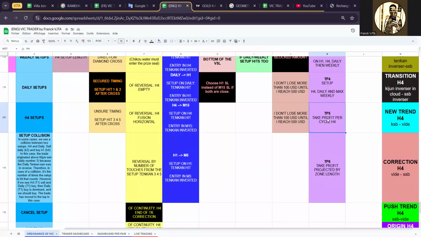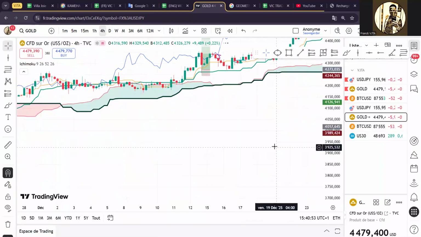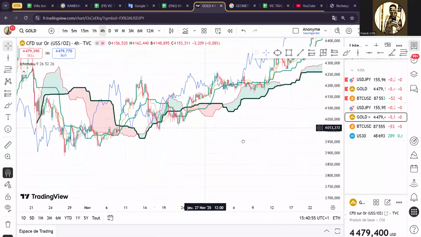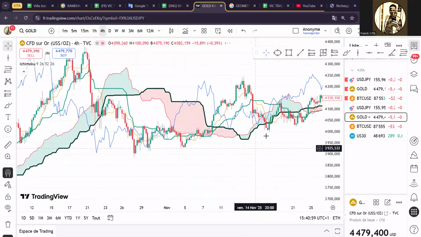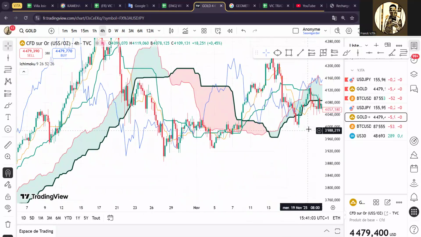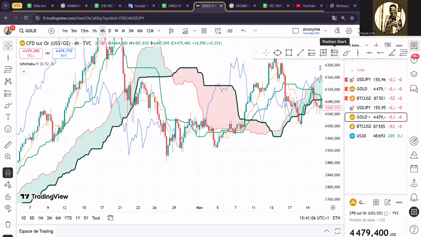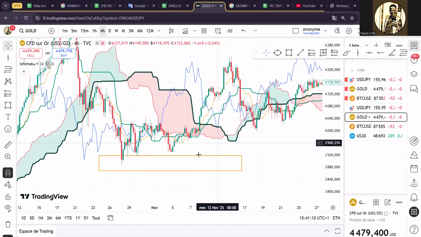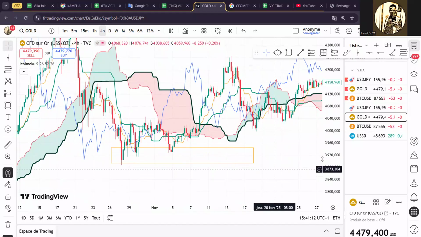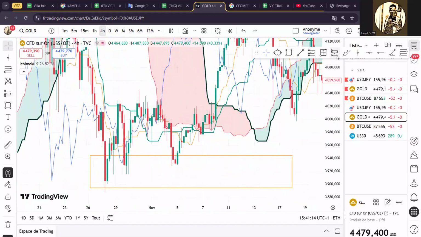Now you have a take profit per cycle. What I showed you is that the Vjta Ishimoku cycle already gives you the entry and the take profit directly. Let us say this is a weekly setup, right?